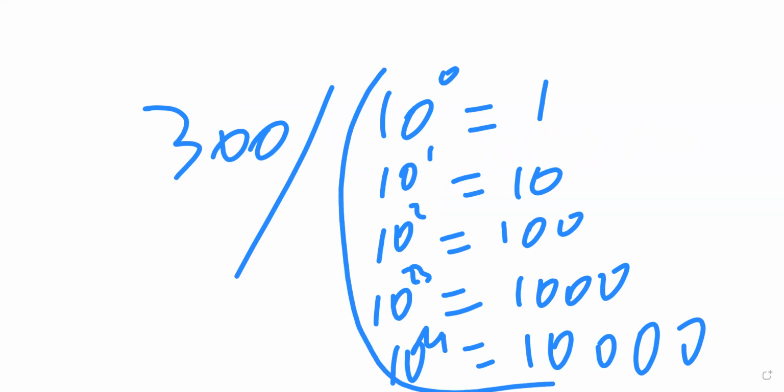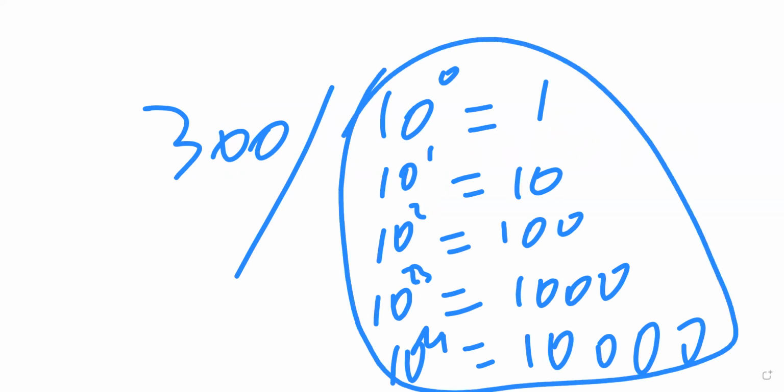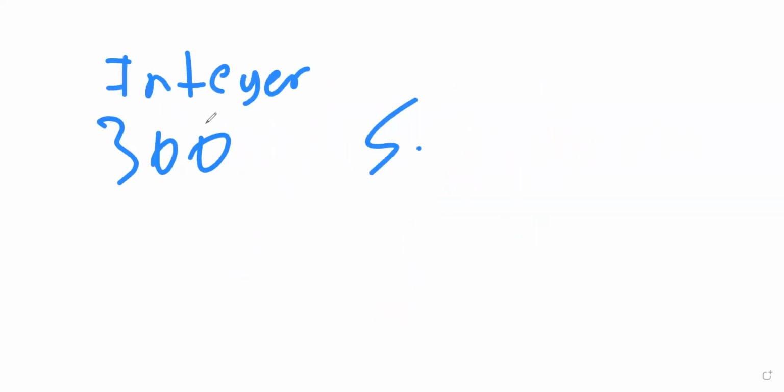And this is very important for us to know, because this is what we're going to use in representing our answer in standard form. So if I have 300, which is in integer form, and I want to represent this in standard form, for every whole number you can say we have a decimal point, and we have zeros behind it.